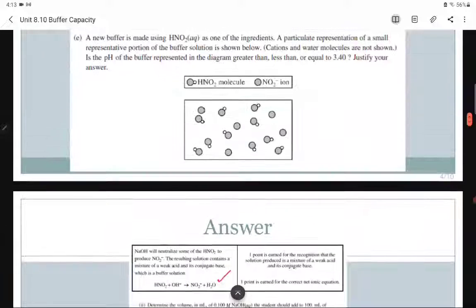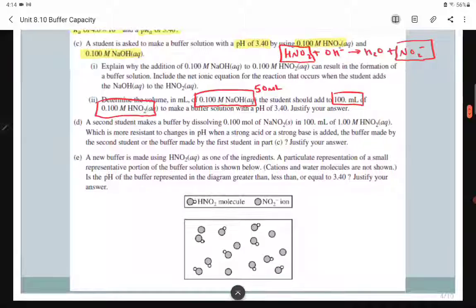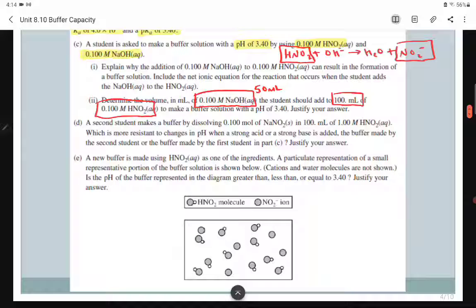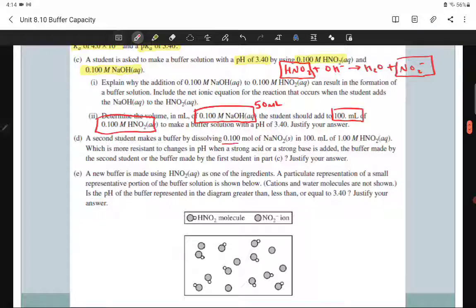Let's jump back and see what's going on with D here. A second student makes a buffer by dissolving 0.1 moles in 100 milliliters of 1 molar of that chemical. Which is more resistant to changes in pH?